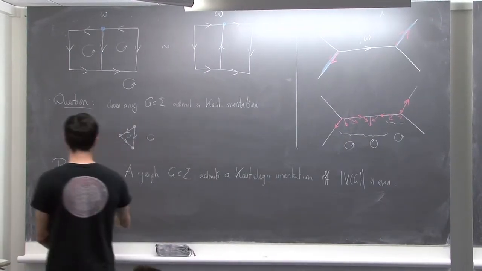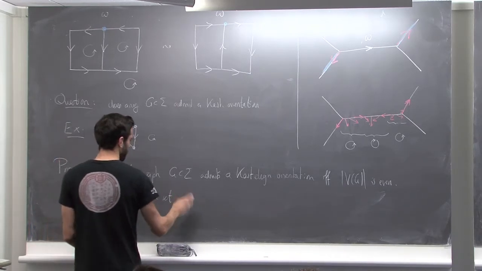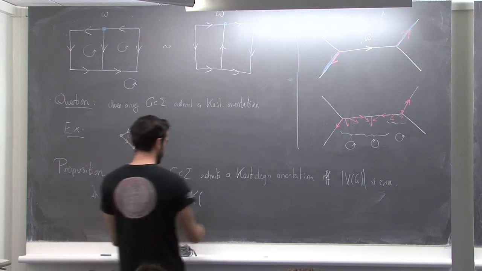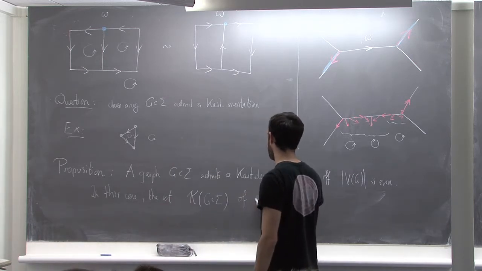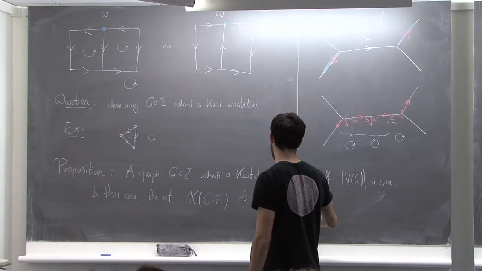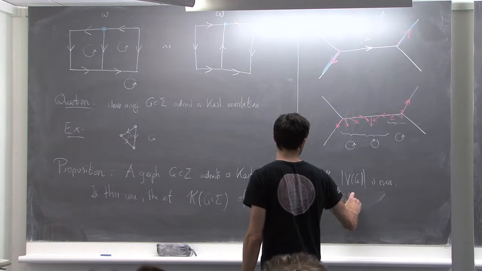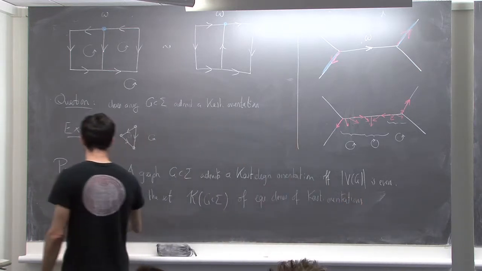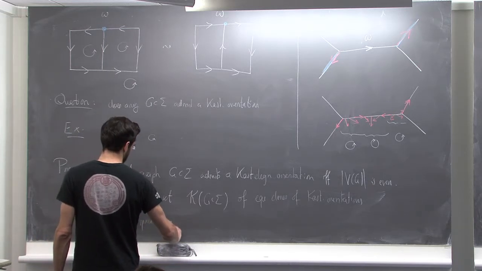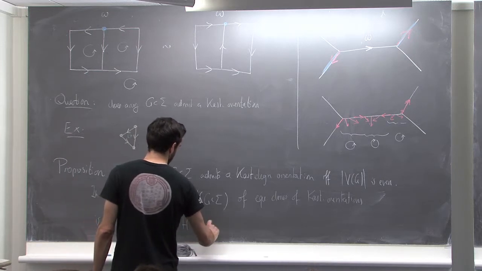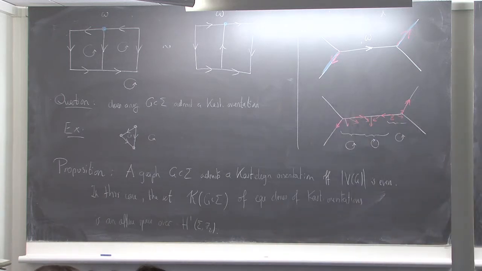Furthermore, in this case, the set, I'm going to introduce a notation, some kind of script K of G in sigma, the set of equivalence classes of Kasteleyn orientations is an affine space over H upper 1 of Z2. Exactly like these other, like the spin structures and the quadratic forms.